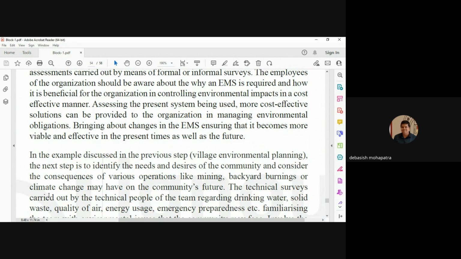So the next step is to identify the needs and the desires of the community, and consider the consequences that various operations like mining, backyard burning or climate change may have on the community's future.